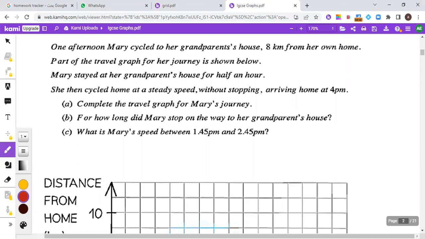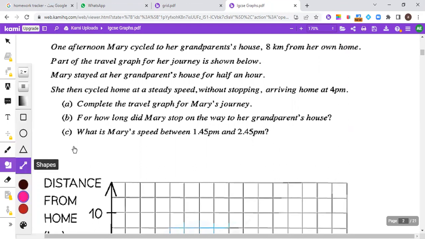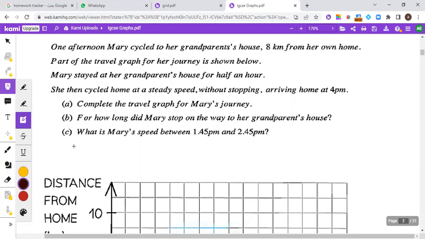Here, a worked example. Okay, can you read the example, Yashruk? One afternoon, Mary cycled to her grandparents' house, 8 kilometers from her own home. Part of the travel graph for her journey is shown below. Mary stayed at her grandparents' house for half an hour.